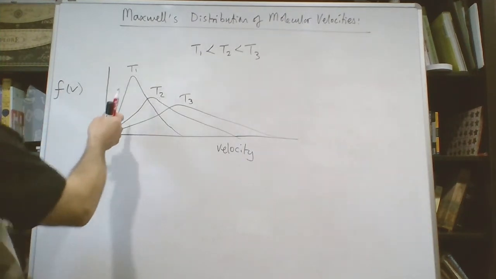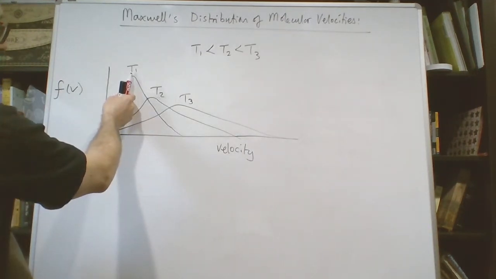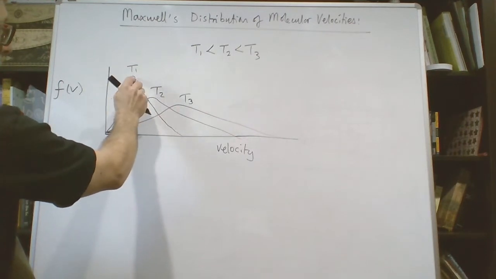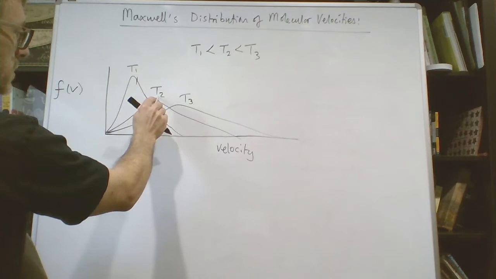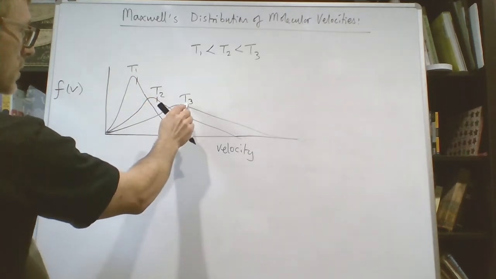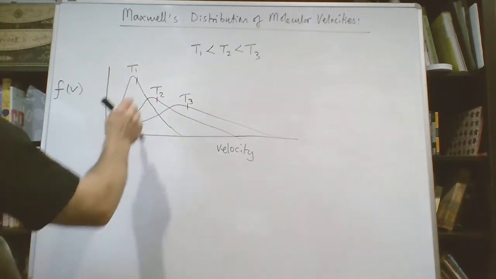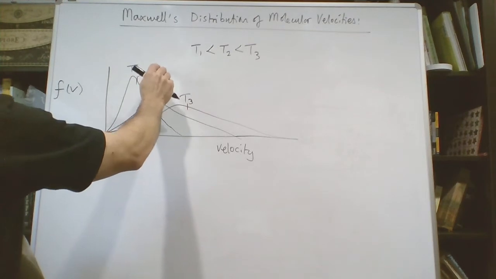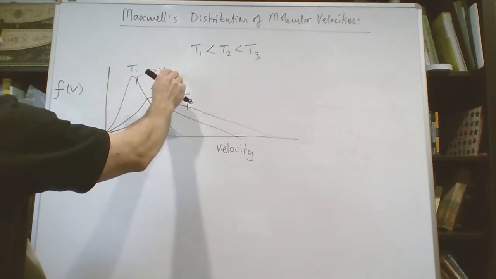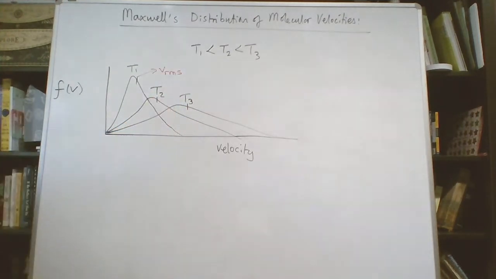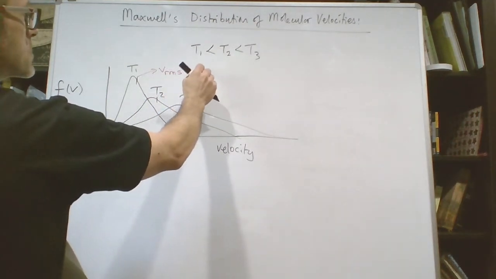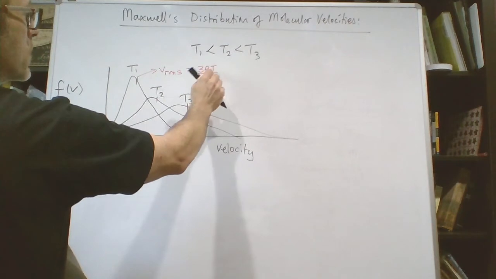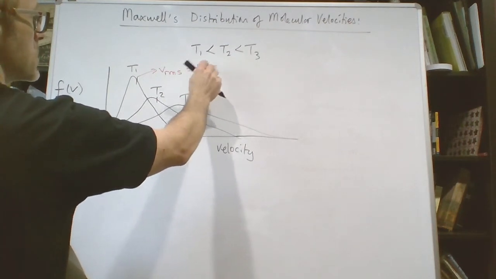Now, if I go to the absolute top and then just go to the right a little bit, so just off center to the right, these red labels would be VRMS, which in a previous video we saw was the root mean square velocity. So the square root of 3RT over m.